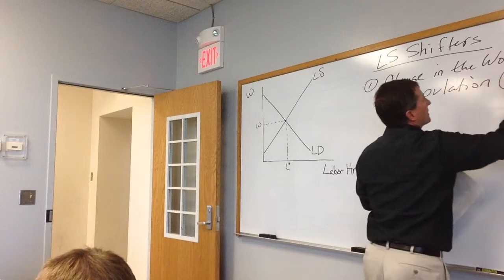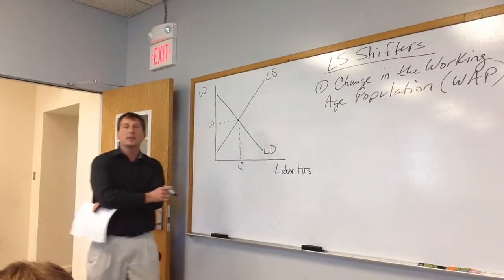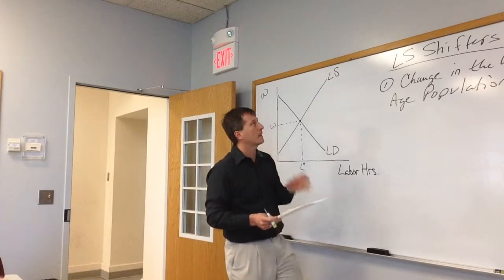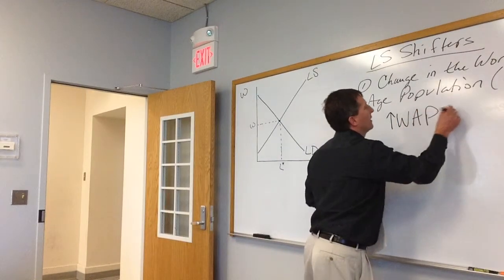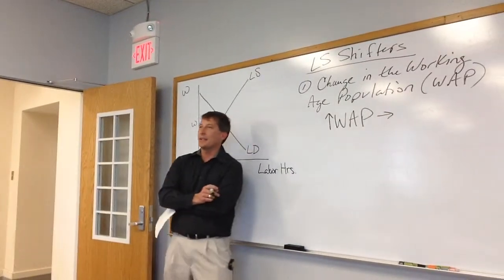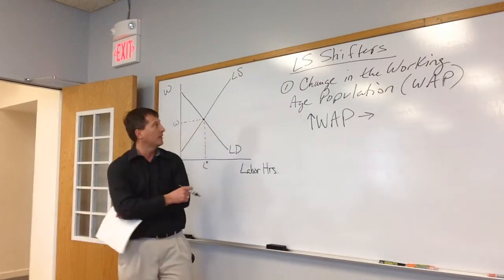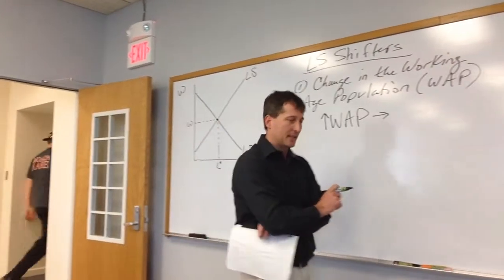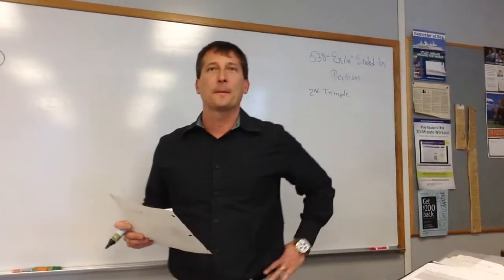This was a variable we looked at in chapter 5 called the WAP, the working age population. So if there's an increase in WAP, how does that impact the supply of labor? Does it tend to increase the supply of labor or decrease it?